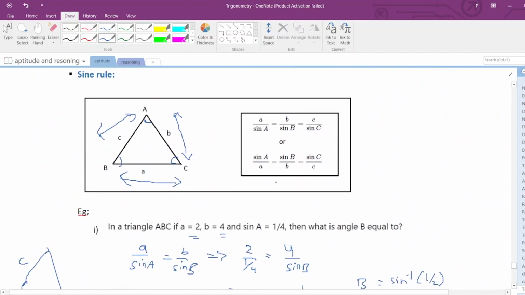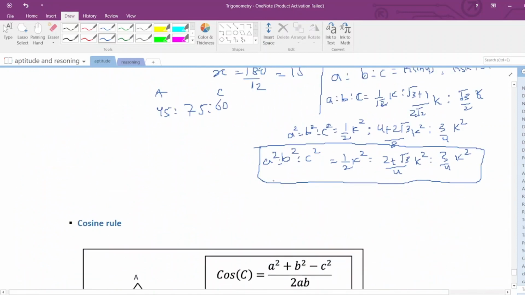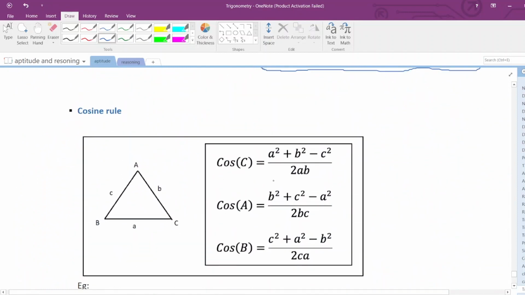Hope it's clear. Now these are the questions related to the sine rule. Now I am moving to the cosine rule. See, if we use the cosine rule, look, this is angle A, this is angle C, this is angle B, and opposite to angle A is small a, this is the side, and opposite to angle B is small b, the side, the distance between A and C, and the same way for C. So in such a case cos C is equal to a square plus b square minus c square by 2ab, and cos A is equal to b square plus c square minus a square by 2bc.